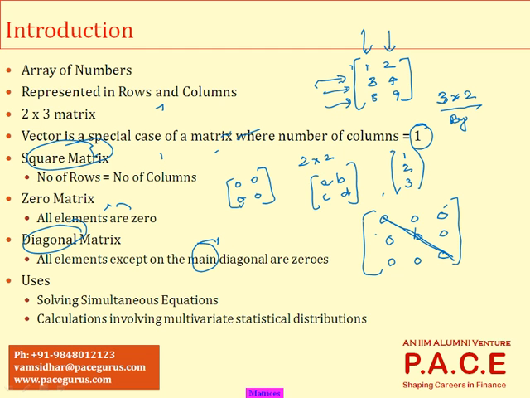These are some of the terms we need to be comfortable with. All the elements on the principal diagonal of a matrix are non-zeros, whereas all the other elements which are not on the main diagonal are all zeros. These kinds of matrices are typically called diagonal matrices.